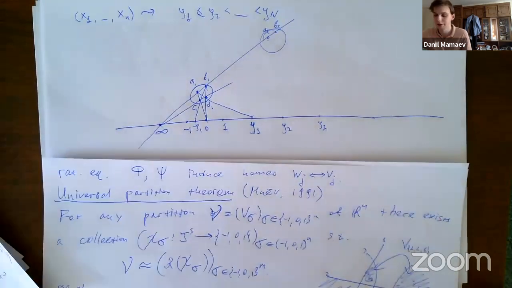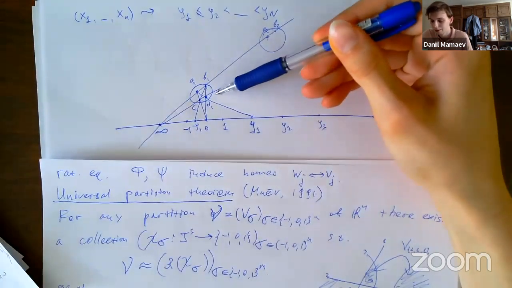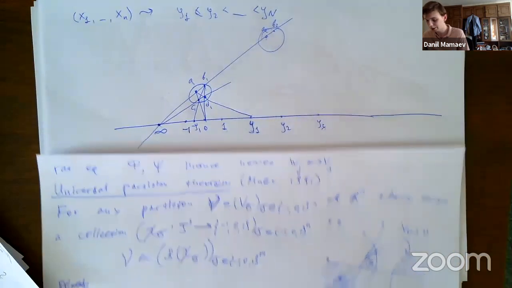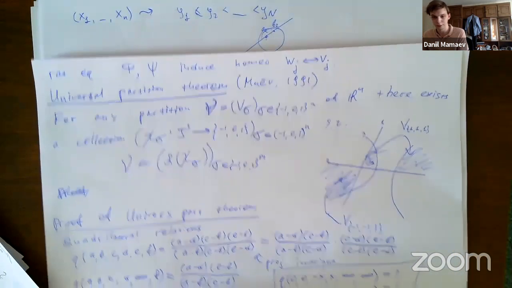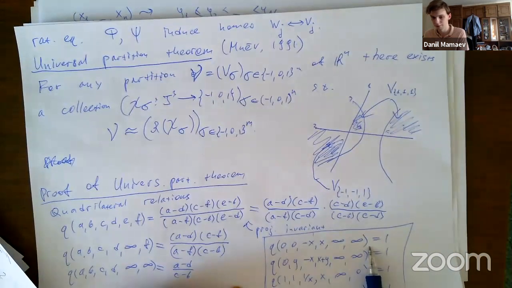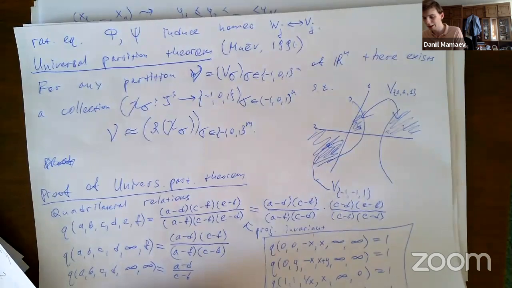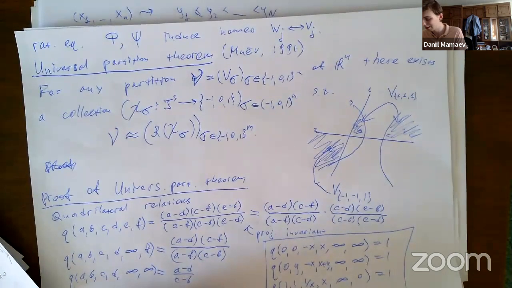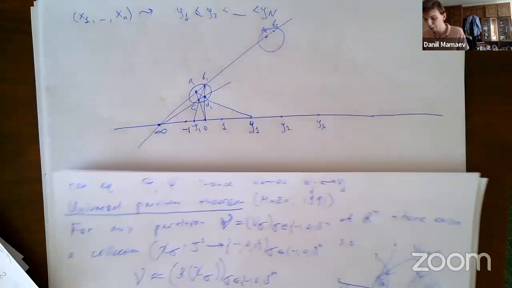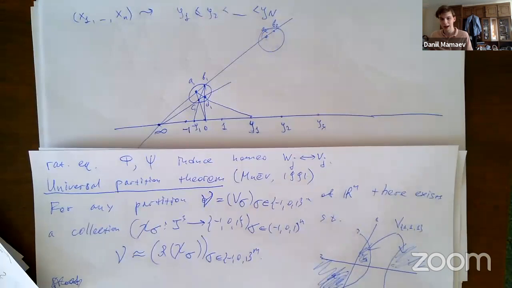In this picture, a quadrilateral relation of this form is actually a quadrilateral relation on which we performed a projective transformation, and it is no longer just a cross ratio.